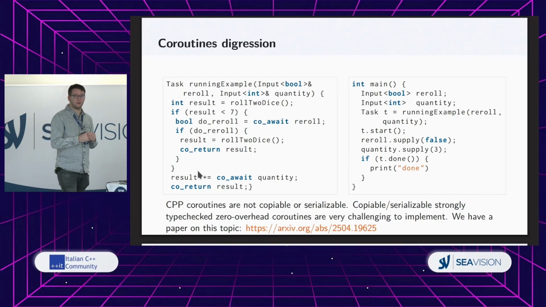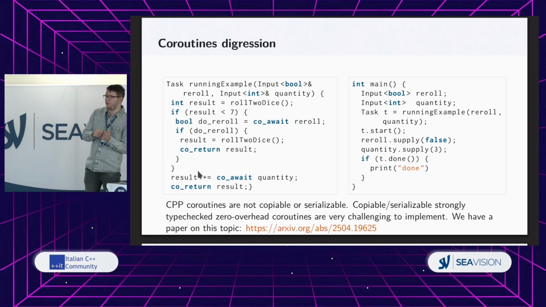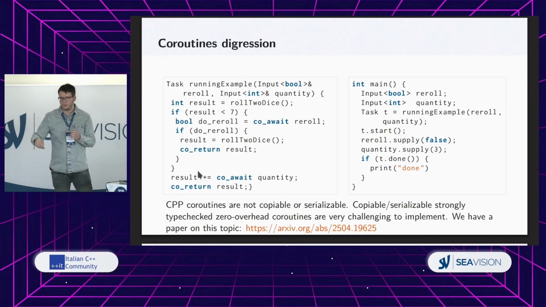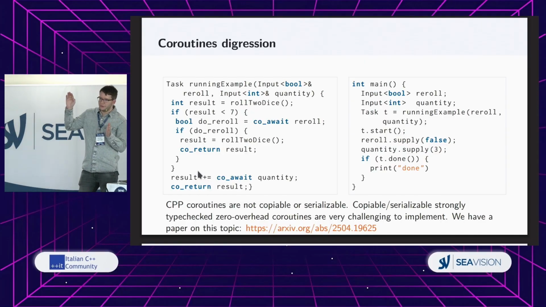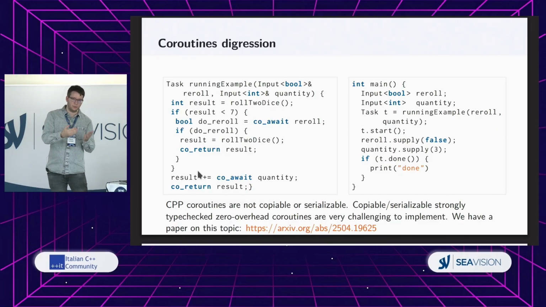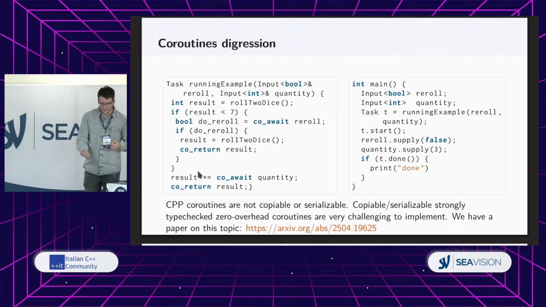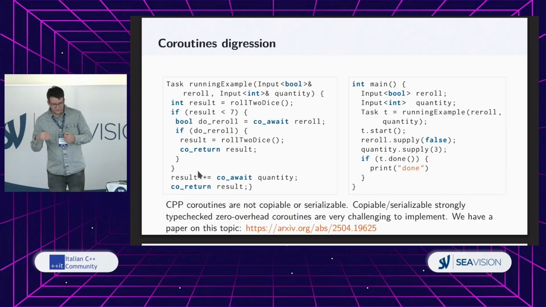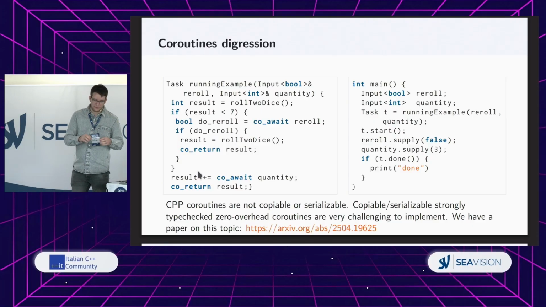If your system requires copying or serializing the state, like if you want to use it for machine learning, you want to implement chess, and you want to send the state of chess to the machine learning stack, you must serialize it, and you cannot do it if you implement it as a coroutine, because coroutines are not serializable. Copyable and serializable coroutines, with zero overhead and everything you want, are a very challenging thing to implement. If you are interested in this particular thing, talk to me afterward, because we have looked into it a lot.